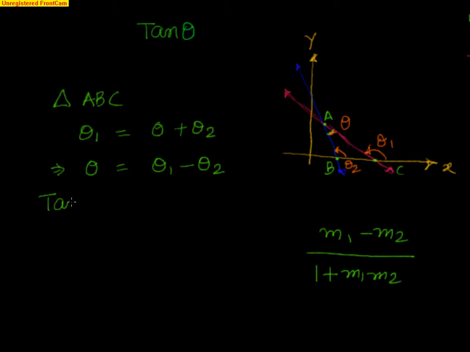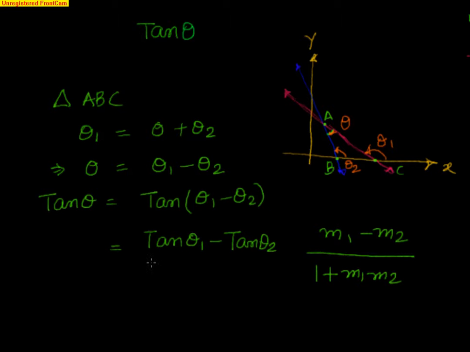If I apply tan on both sides, this becomes tan of theta 1 minus theta 2. And you know the formula for tan of A minus B, right? Tan A minus tan B by 1 plus tan A tan B. So this becomes tan theta 1 minus tan theta 2 by 1 plus tan theta 1 tan theta 2. That is nothing but equal to whatever we have derived, m1 minus m2 by 1 plus m1 m2, right?